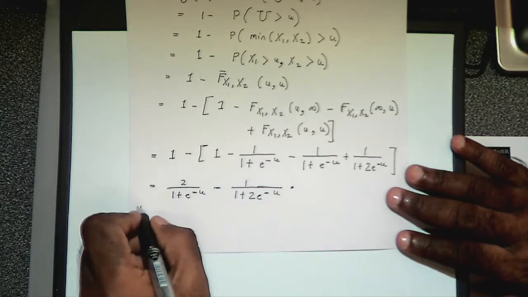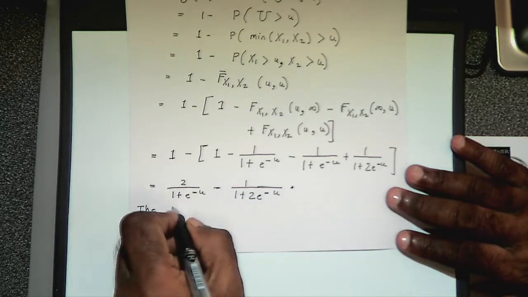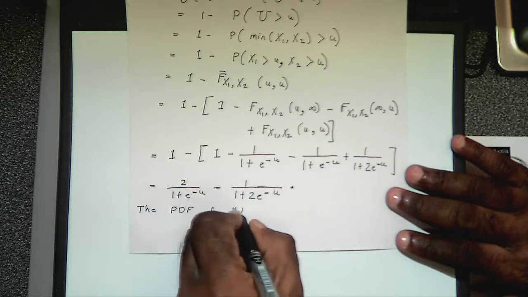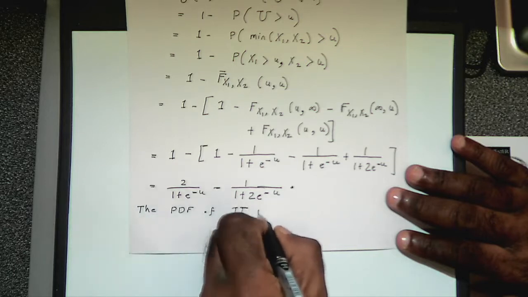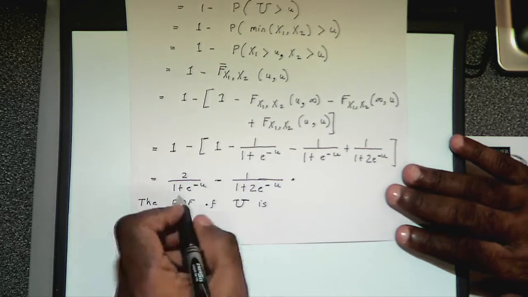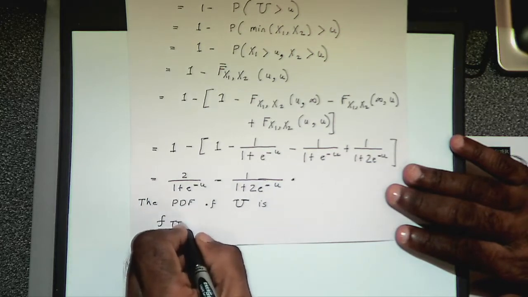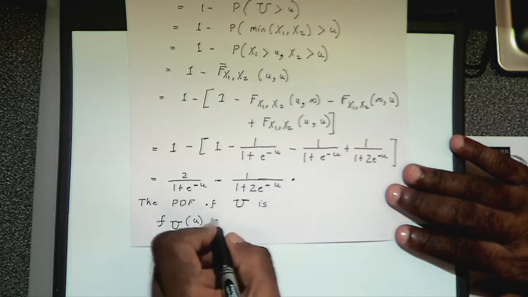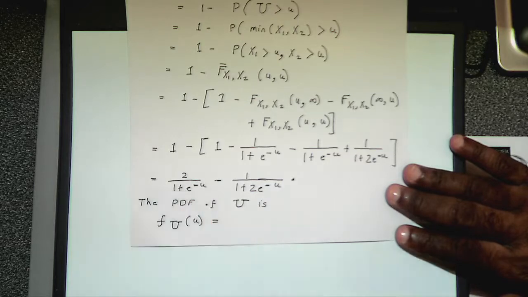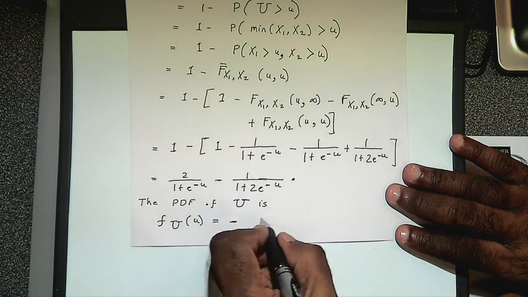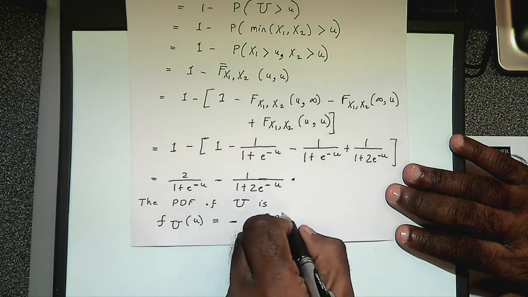Now to find the PDF, you differentiate this with respect to U. So the derivative of this with respect to U is going to be, let me do this quickly, I hope you don't mind.